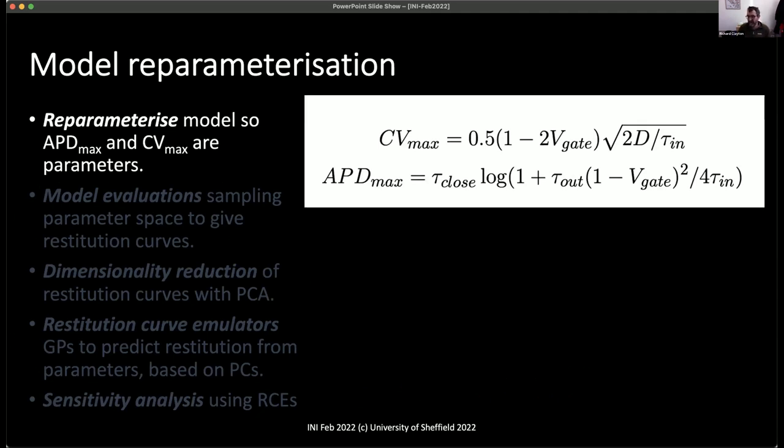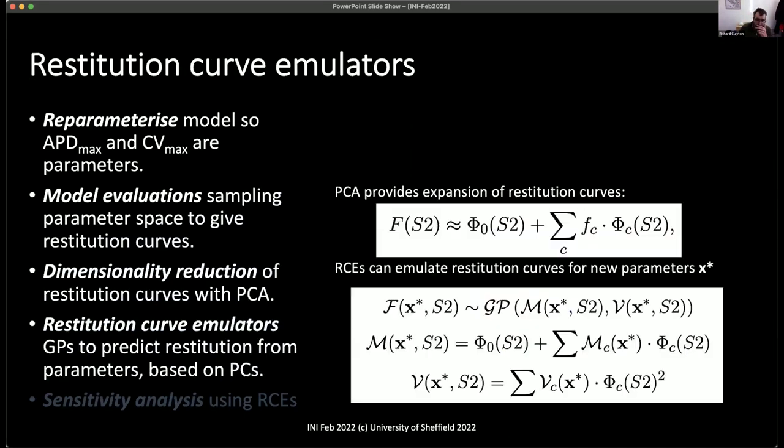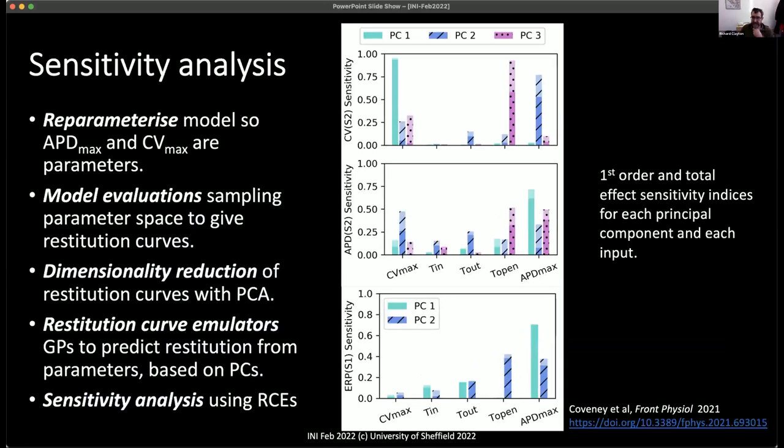It turned out to be quite a simple thing. But I think the coolest thing that we did, and I should give Sam credit for this, was the sensitivity analysis of different principal components. And there's a reference here to the paper which describes what we did in a bit more detail.